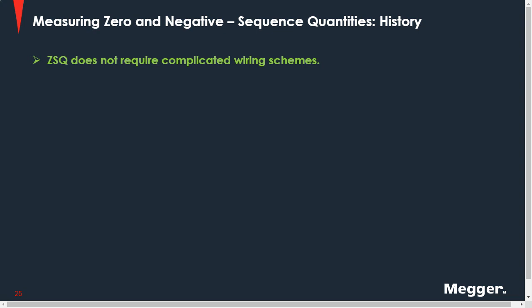But zero sequence quantities did not require complicated wiring schemes. With your zero sequence current, you typically bring all your returns together. Your imbalance shows up on your neutral, and the sum of these phase currents is proportional to the zero sequence quantity.